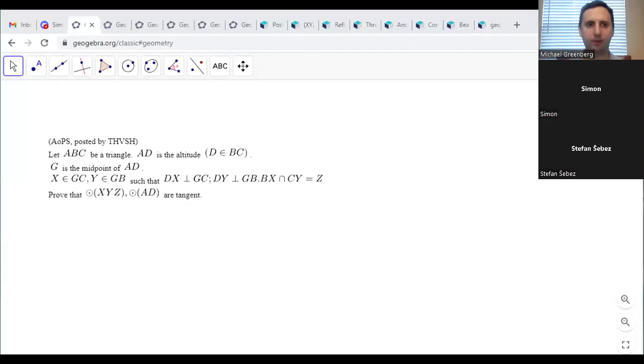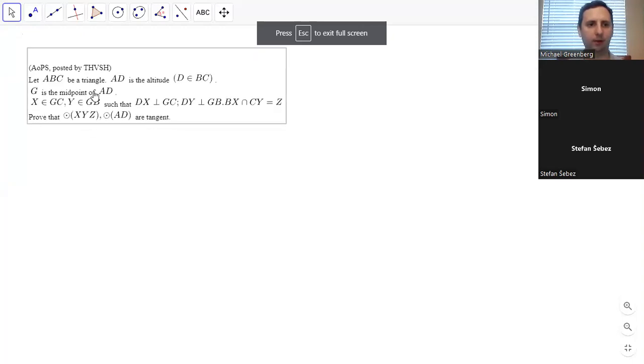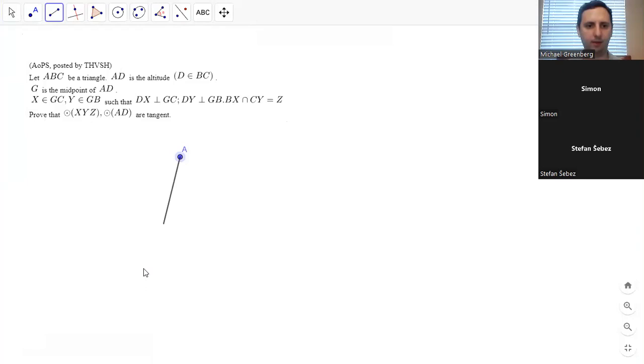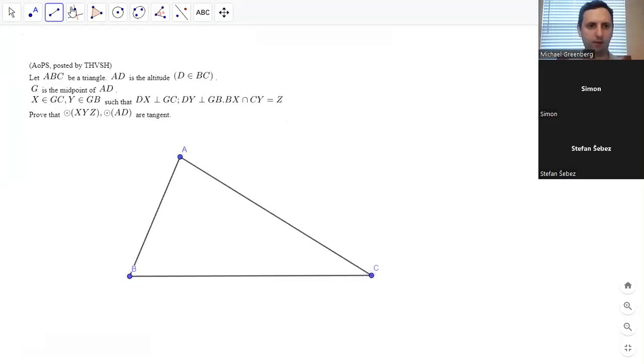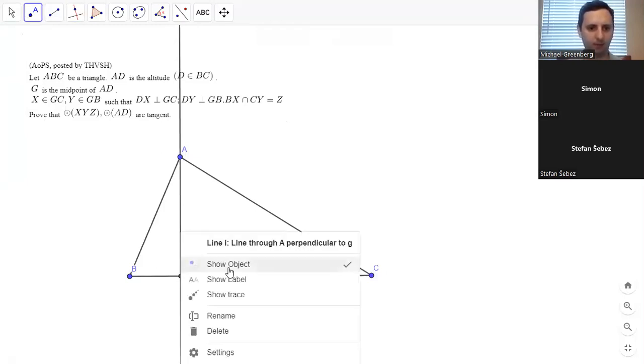Okay, so here's the first problem. We have a triangle ABC with altitude AB, and G is the midpoint of AB. All right, so this is AB. Let me hide it.